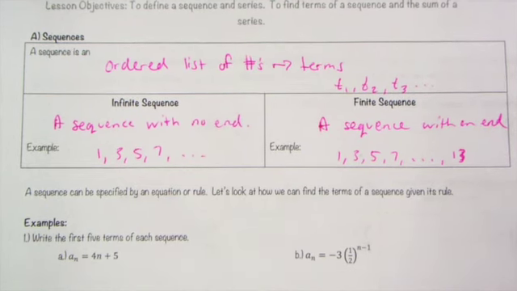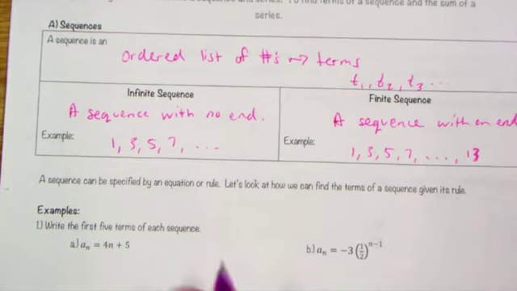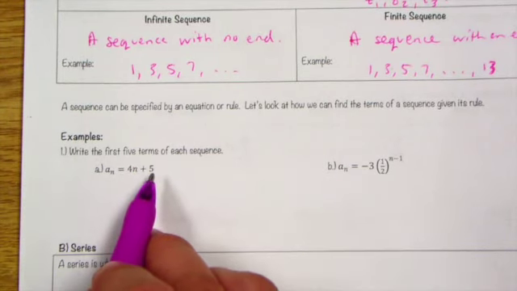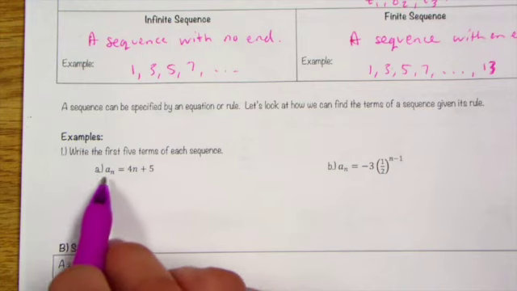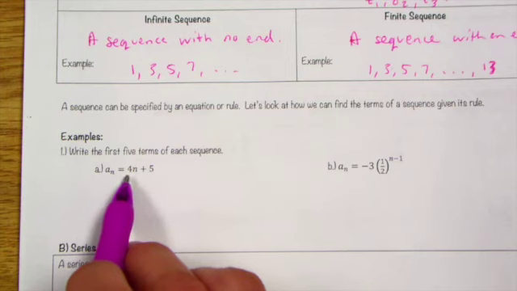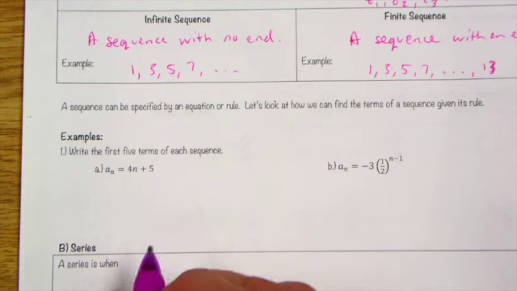A sequence can be specified by an equation. So let's look at how we can find the terms of a sequence given its rule. Down here you have an equation of a sequence, where you'll see a sub n equals 4n plus 5.